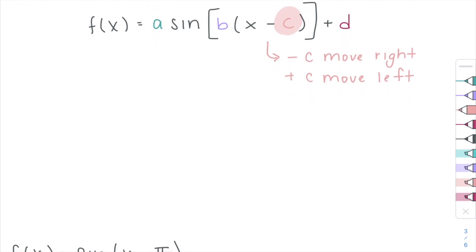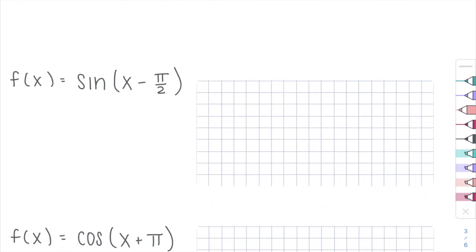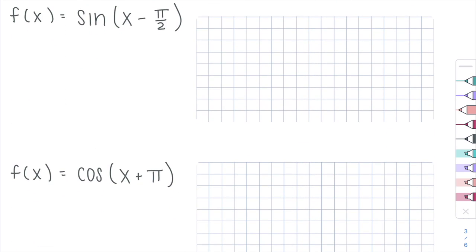So if we look at this first example, we have f of x equals sine of x minus pi over 2. So this is the pi over 2 that I was talking about. It looks a little scary. We're used to seeing whole numbers in there, but it's okay because moving pi over 2 is easier for us when we've got our x-axis scaled like that.